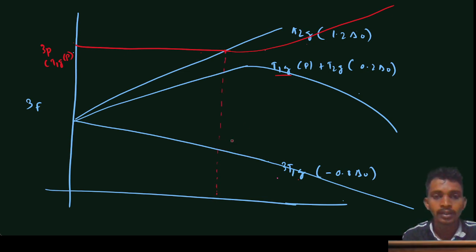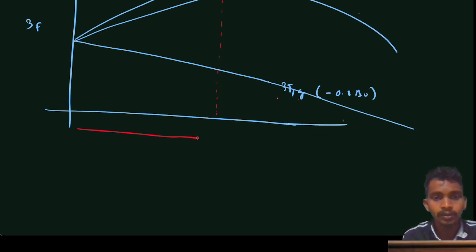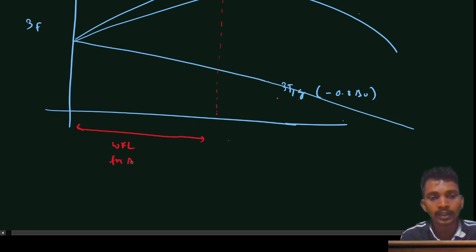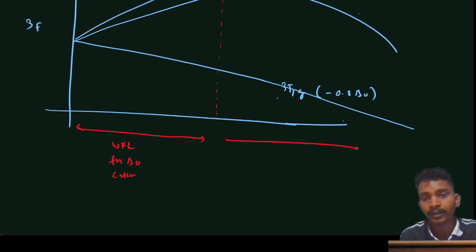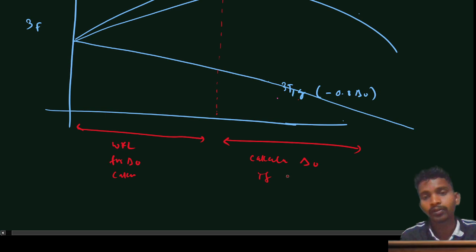Now this delta naught from here to here is for weak field ligands, and for strong field ligands we will calculate differently. So for the delta naught calculation, if it is weak field, then we will calculate here and here, and we will calculate delta naught if a strong field ligand is given.